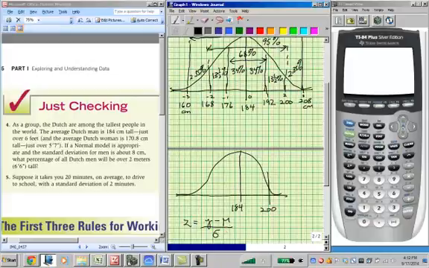But in this case we're going to say sigma because we're talking about a population. So that will give us the number of standard deviations that y is from the mean. So that's going to equal 200 minus 184 divided by 8, which is 2.